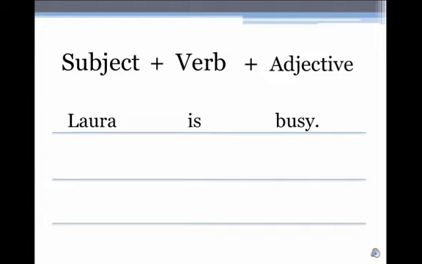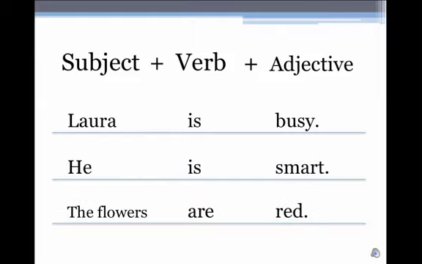Laura is the subject, is the verb, and busy is the adjective. Another sentence is, he is smart, and the flowers are red. Notice that these all have a being verb. That's because we are using an adjective.